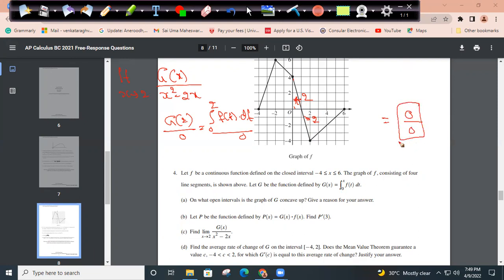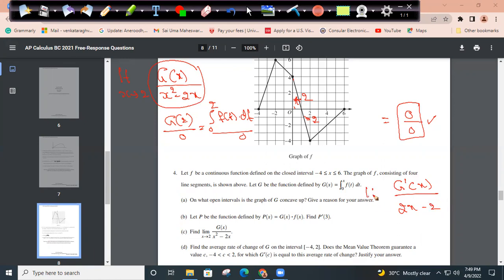When I was explaining limits, we discussed that whenever we have an indeterminate form, we can apply L'Hospital's rule. So apply L'Hospital's rule on this. The derivative of g of x is g dash of x. The derivative of x square minus 2x is 2x minus 2.